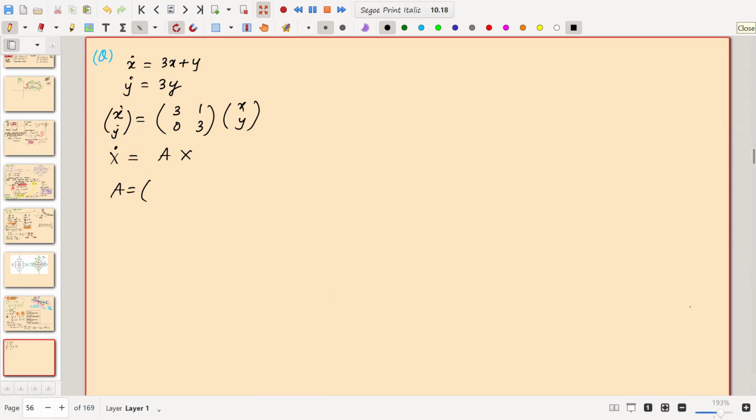What is the A matrix here? [[3, 1],[0, 3]], right? What are the eigenvalues and what are the eigenvectors for this one?